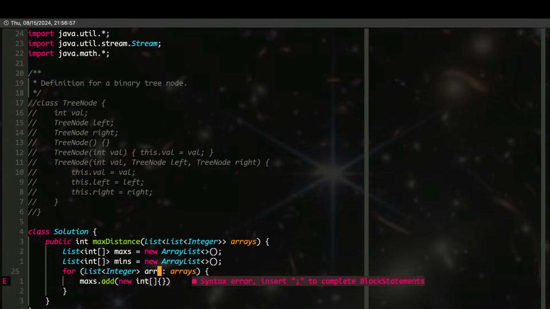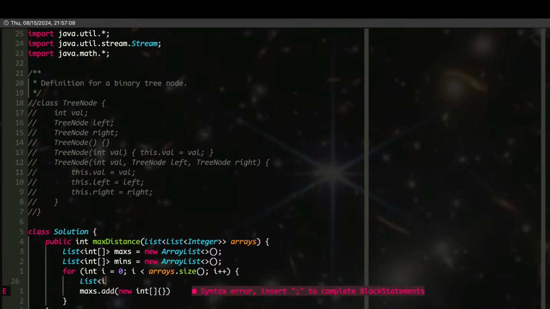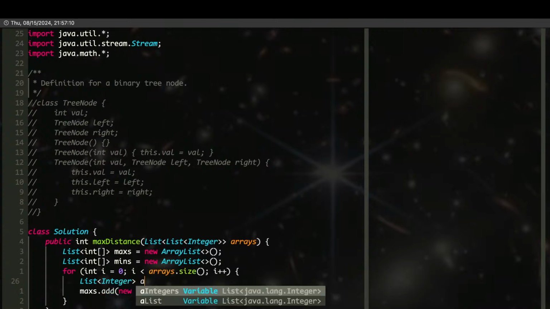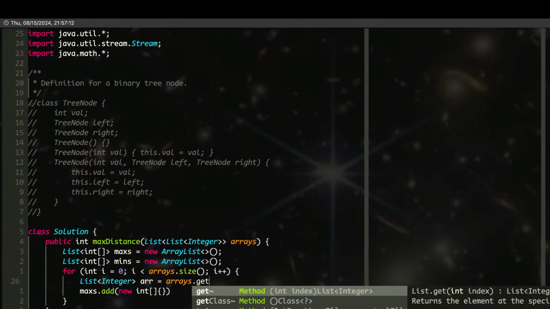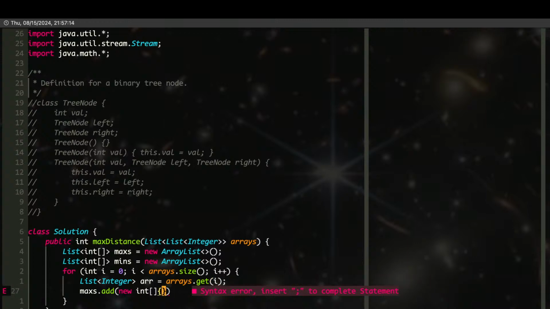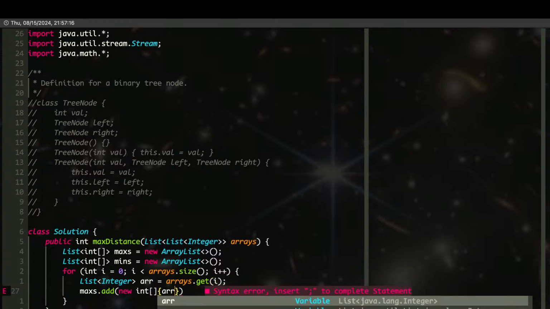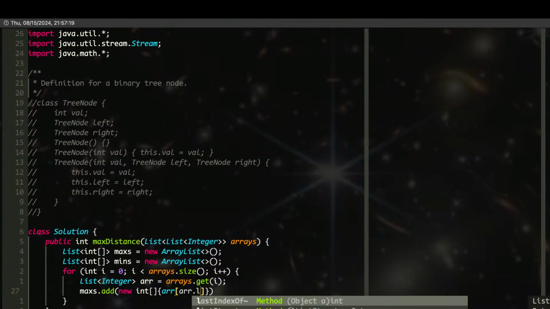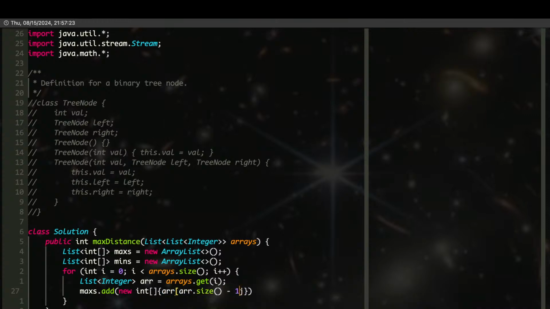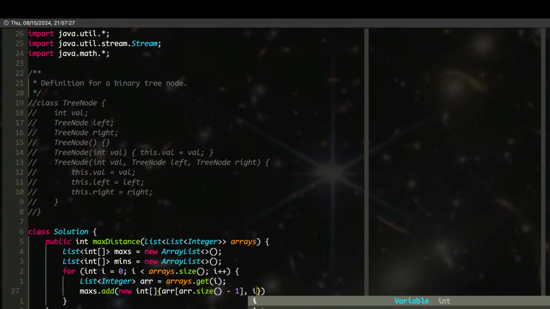Oh, that's not right. For int i equals 0, i smaller than arrays.size, i plus plus. List of integer array equal to arrays.get i. So here, the array max should be array.size minus 1, that's the max, and then the index.